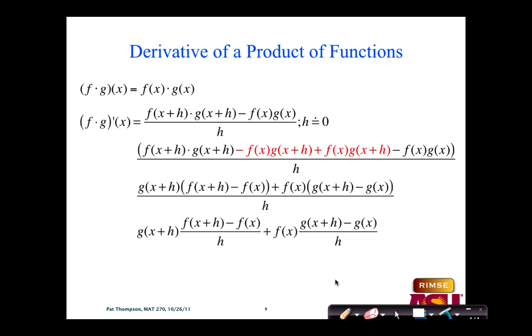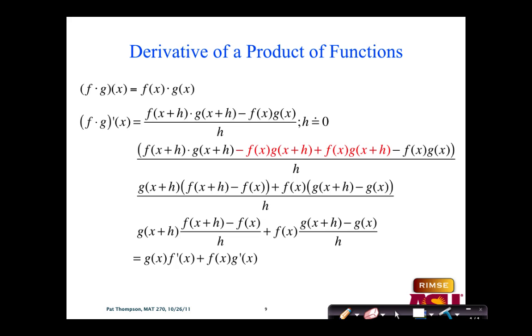Note that this isn't working with specific functions, so I'm not going to suddenly know that this is x squared plus 2. This is just generic f of x's and g of x's. But if I imagine h becoming essentially 0, then this expression is f's rate of change, and this is essentially g of x. So g of x times f's rate of change plus f of x times g's rate of change.